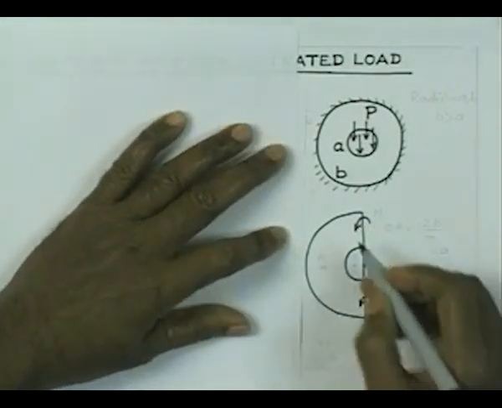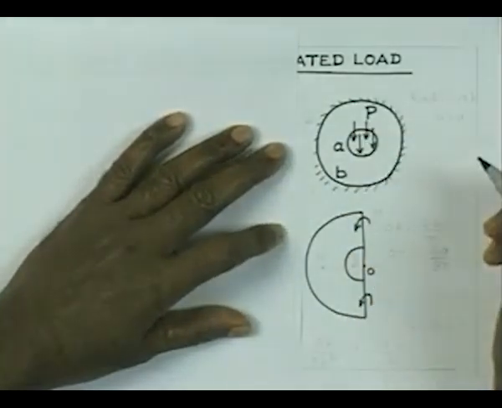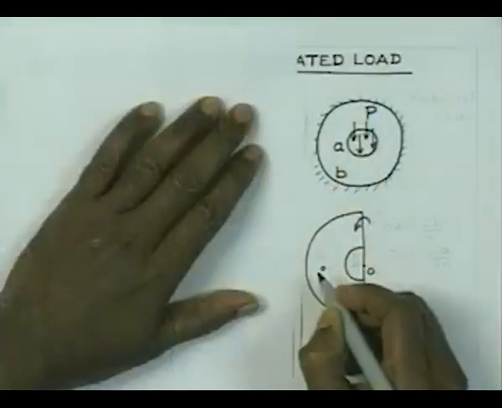Now, if we consider the reaction at the supports, which is going to be uniformly distributed, it will have some intensity that can be very easily found out. That distributed force would have a center somewhere there.